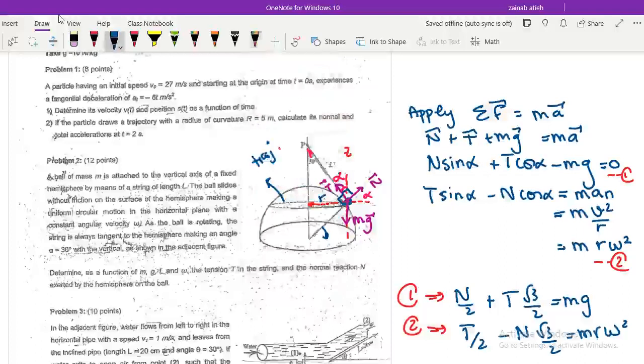You can see that sine 30 equals r over L, so it's obvious that r equals L sine 30. I can replace r with L over 2.